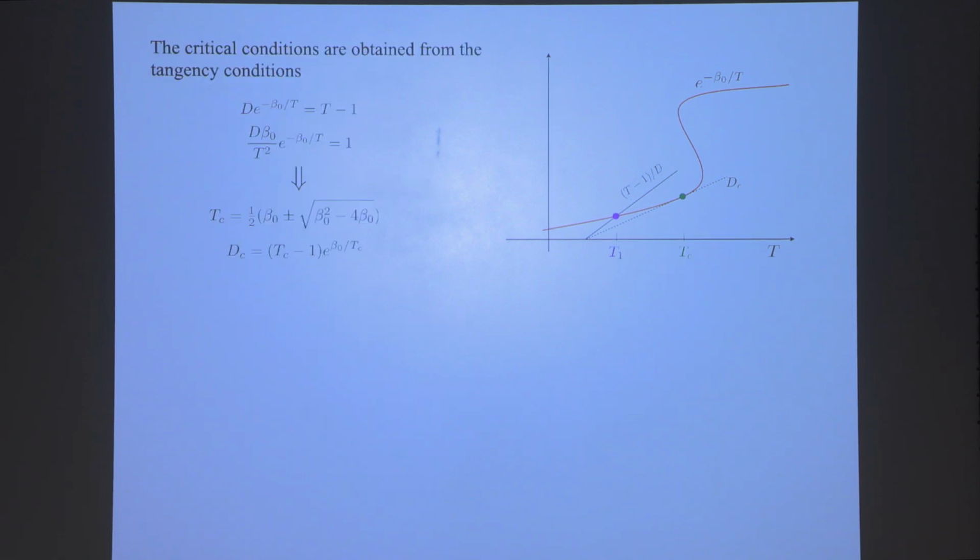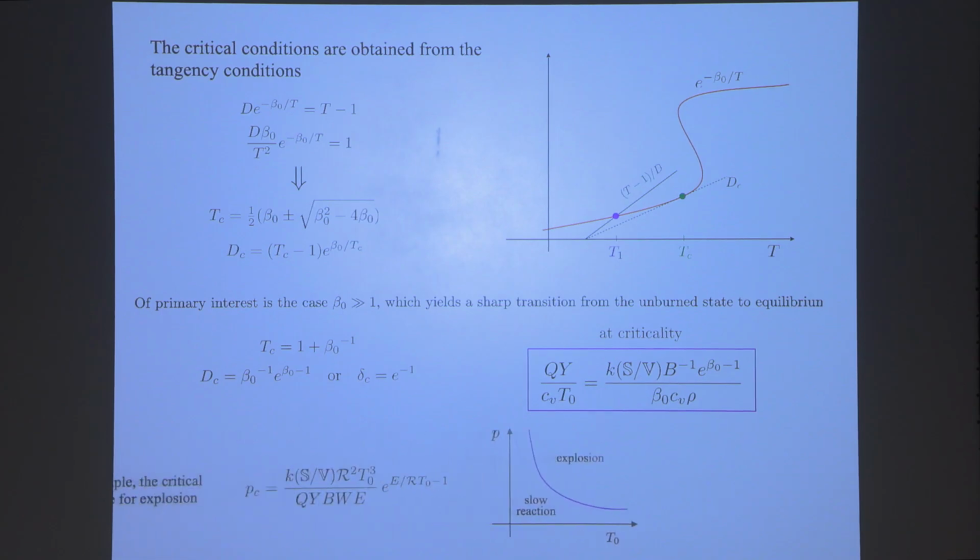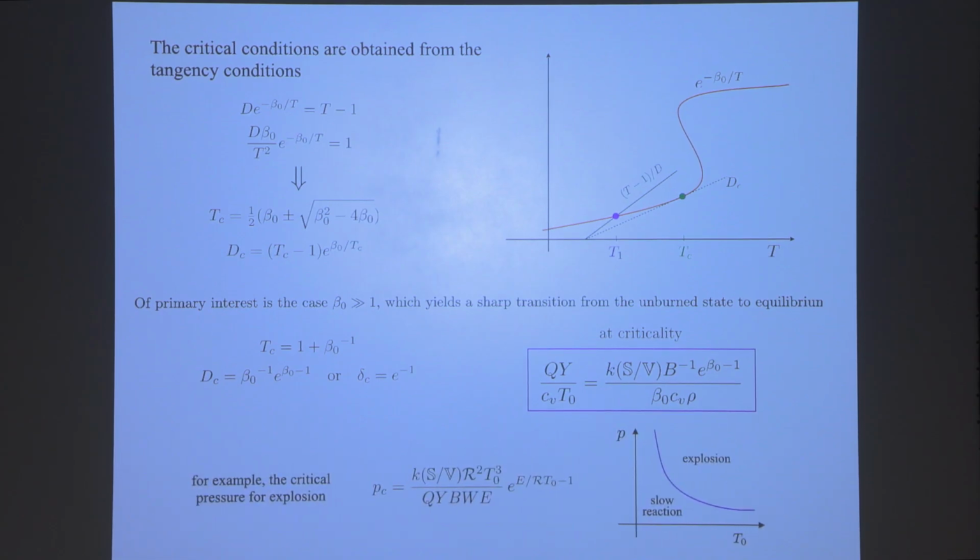Anyway, these are some of the details where you can obtain an explicit criterion for ignition. Note that it depends now on the surface of the vessel, the volume, the reaction terms, and so on.